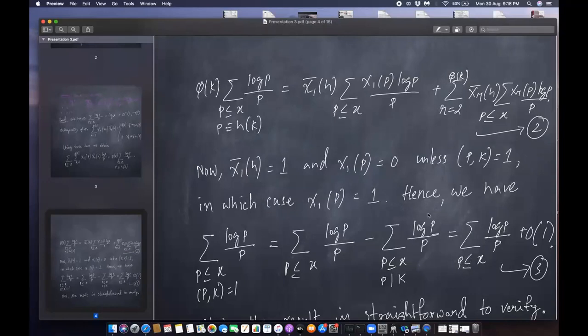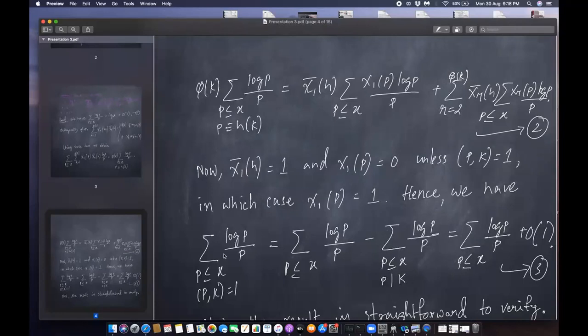And this is a finite sum, since k is a fixed positive integer, so there are a finite number of prime divisors, and we can bound it by O of 1.